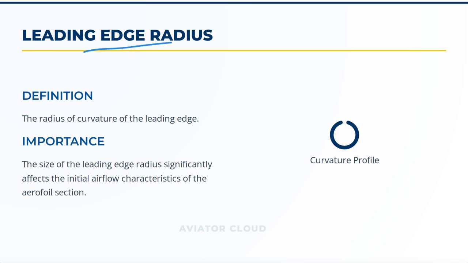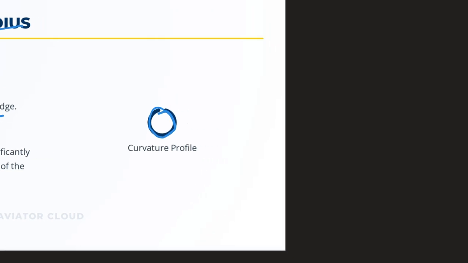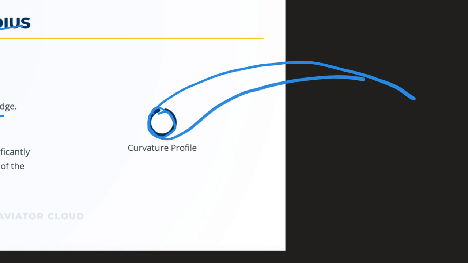Leading edge radius. Definition: the radius of curvature of the leading edge. So let's say this is the curvature profile, so how will the wing be? The wing will be like this. So this is the leading edge radius.